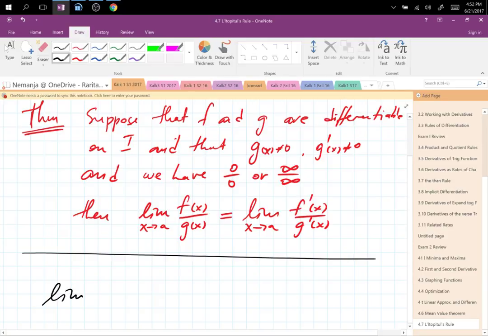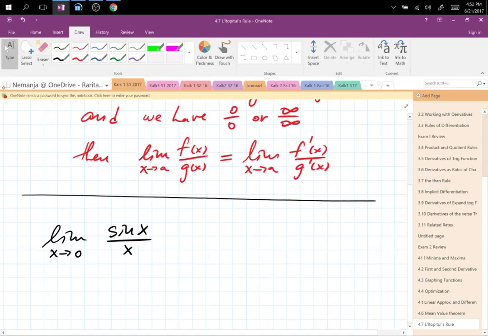Here is the first example of us considering this. I asked you earlier in the semester to memorize this result. And you know that the answer for this was 1 because you memorized it. But now, with this new L'Hopital's rule, you are able to compute this, because when you plug in, sine of 0 is 0 and x is 0, you have 0 over 0. 0 over 0 is the indeterminate form, and since we have 0 over 0, we can use L'Hopital's rule.